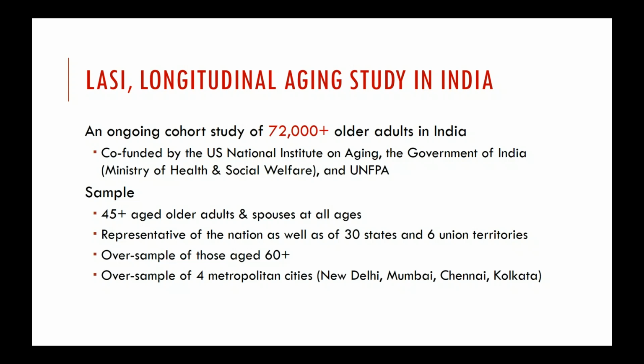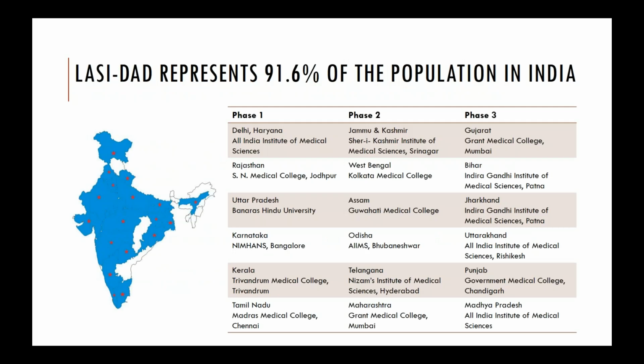We sampled based upon the 2011 census and identified older adults age 45 and older. We interviewed all the age-qualifying older adults and their spouses, regardless of age. We oversampled those age 60 and older, and also oversampled 4 metropolitan areas of India.